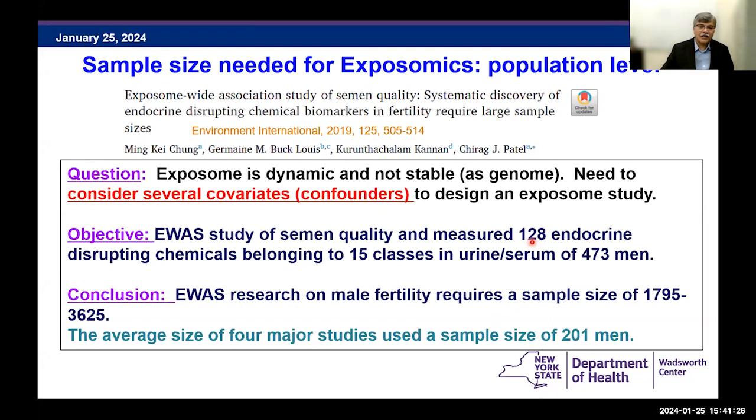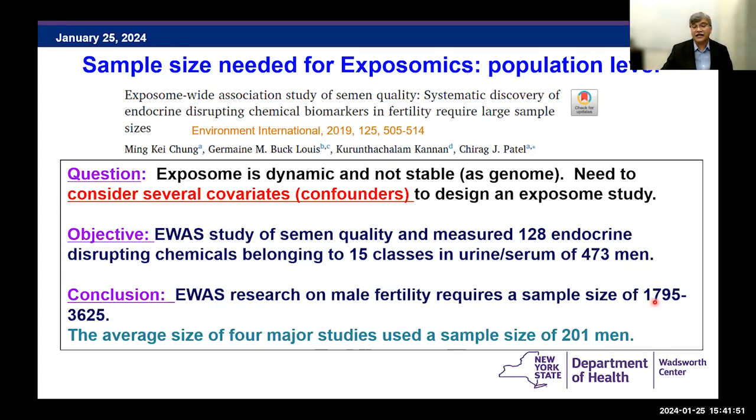Then, are those 473 samples from men enough, with all the covariates accounted for? The conclusion was that no, 473 samples are not going to provide confirmatory results of assessing exposure to the effects, right?